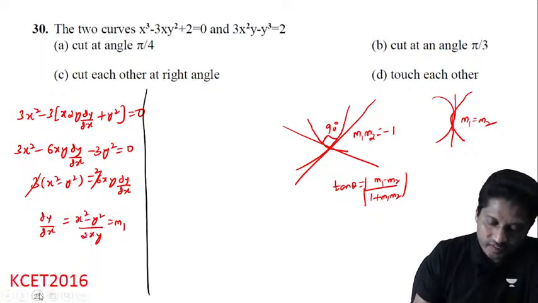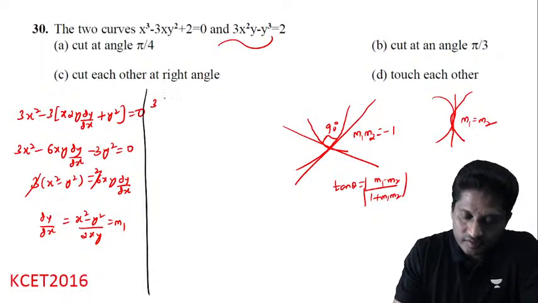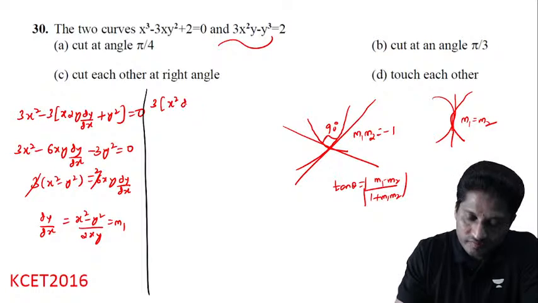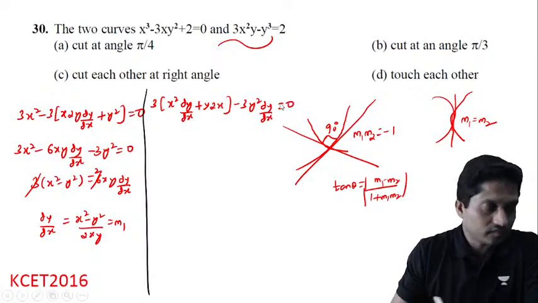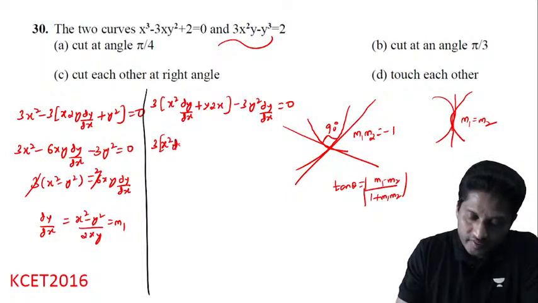If I differentiate the second curve, 3 is a constant, first function is x square, differentiation of y is dy by dx, plus second function is y, differentiation of x square is 2x, y cube is 3y square into dy by dx, is equal to 0. Now this can be written as 3 times x square dy by dx plus 2xy equal to 3y square into dy by dx.